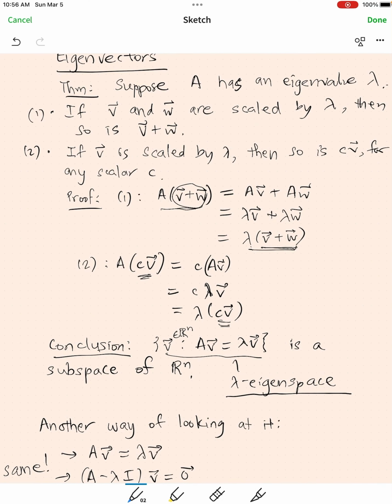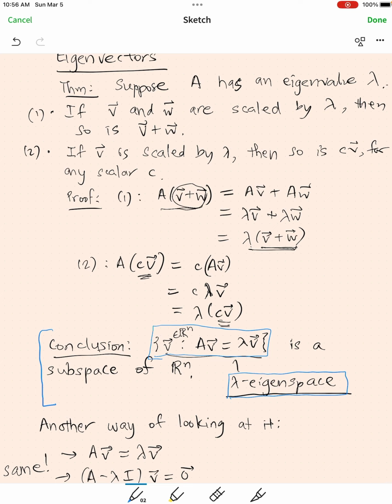That's the set of vectors in Rn that get scaled by lambda when A multiplies that vector.